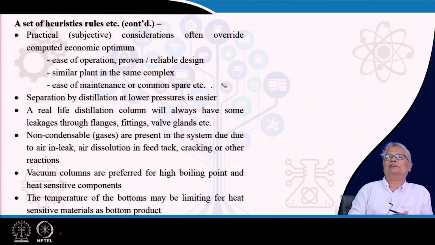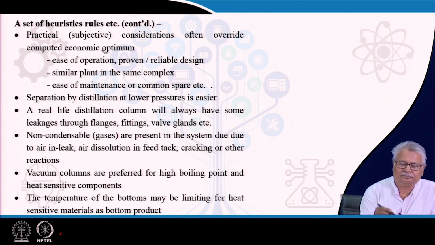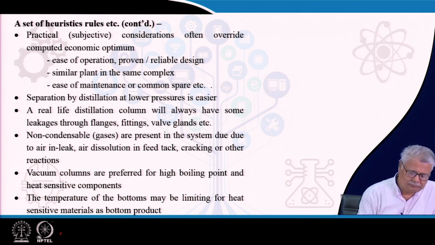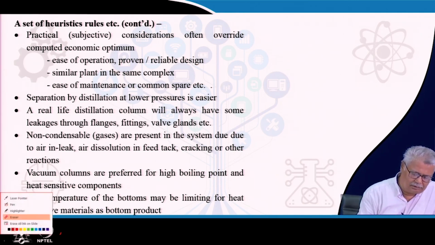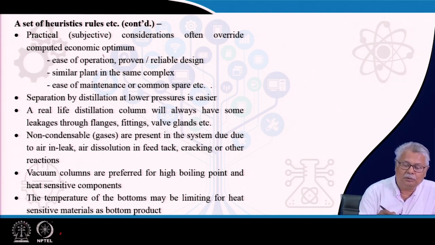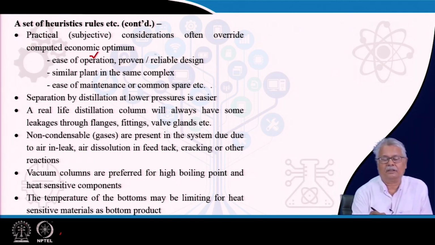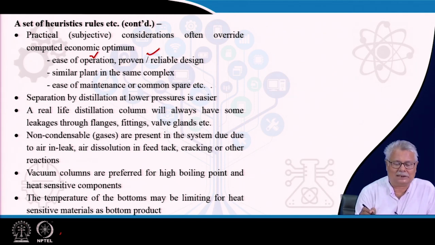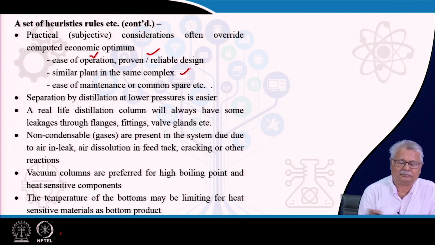That means, even if I have decided on a particular design of a plant, we do not go for it. We may use certain other subjective considerations which could be ease of operation, a proven or a reliable design to be adapted, similar plant in the same complex, ease of maintenance or the common spare, etc.